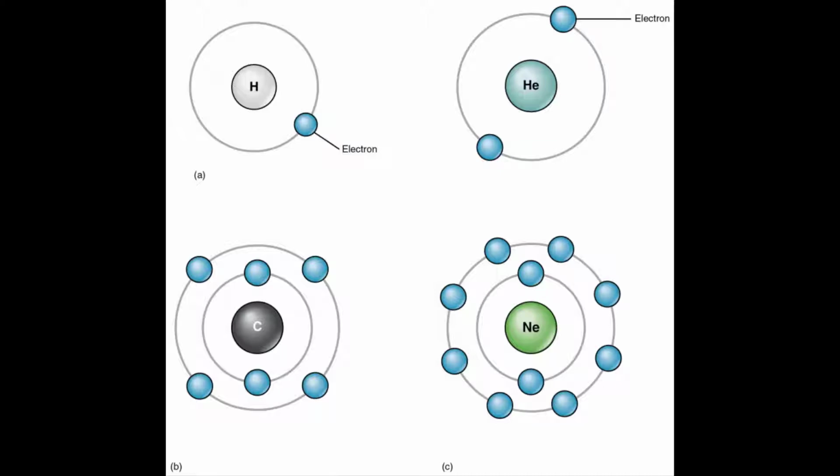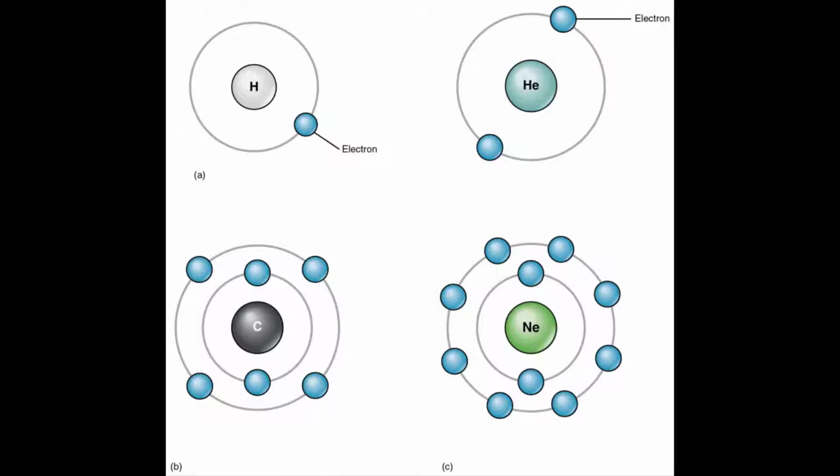The electrons of carbon completely fill its first electron shell, but only half fill its second. Neon, an element that does not occur in the body, has 10 electrons, filling both of its electron shells. Another example is lithium, whose atomic number is 3, so it has 3 electrons. 2 of these fill the first electron shell, and the third spills over into a second shell.